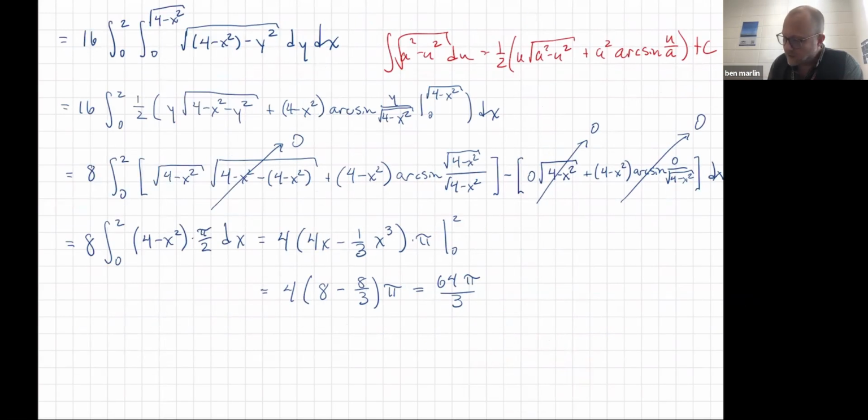And so that means that we end up with the 4 minus x squared minus y squared for this bit. And we have a 4 minus x squared for the a squared, and arc sine of the u over a looks pretty nasty. But when we plug in that square root there, we're going to be taking an arc sine of 1. That's actually super nice, okay?